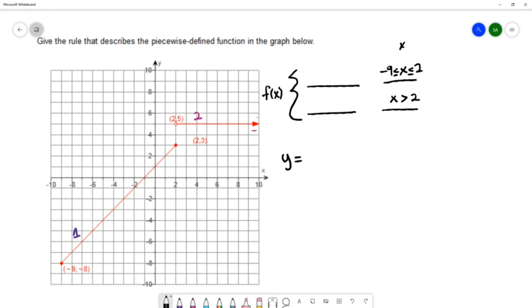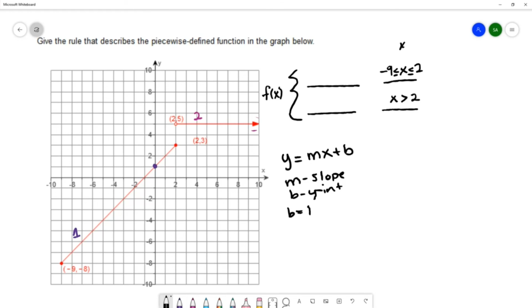And linear equations can be written in the form y equals mx plus b, where m is the slope and b is the y-intercept. So one strategy might be to notice that the y-intercept is right here, which is a 1. So b is 1.